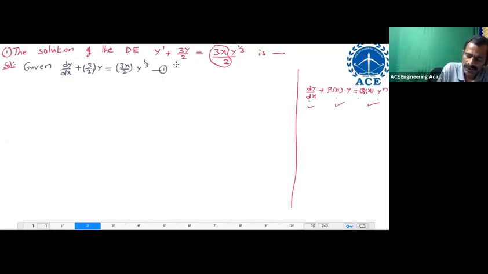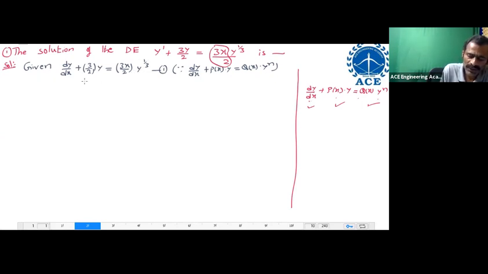So this one, it is in the form of dy by dx plus p of x into y equal to q of x into y power n. Now to make it linear, on right hand side, we should eliminate y power 1 by 3.